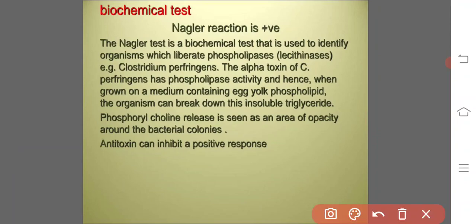The alpha toxin of Clostridium perfringens has phospholipase activity, and hence when grown on a medium containing egg yolk phospholipid, the organism can break down this insoluble lecithin. Phosphorylcholine release is seen as an area of opacity around the bacterial colonies. Antitoxin can inhibit a positive response.